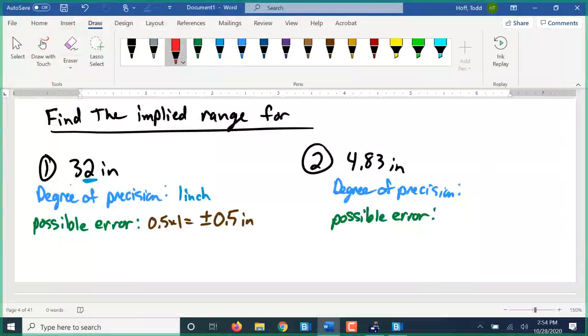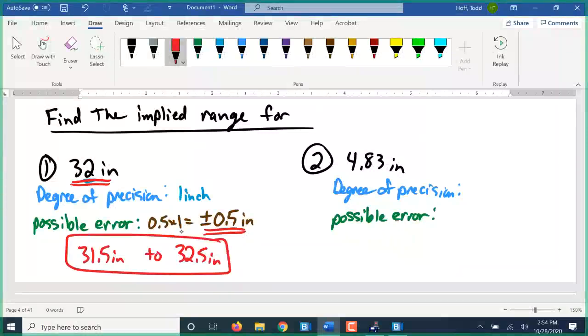So that gives us a range of 32 minus a 1/2 inch, 31.5 inches, to 32 plus a 1/2 inch, or 32.5 inches. Obviously, measuring something to just the nearest inch is not an acceptable degree of precision in most cases.